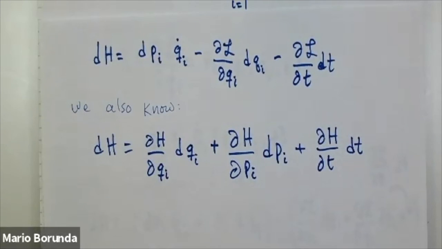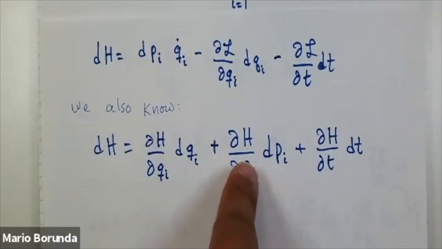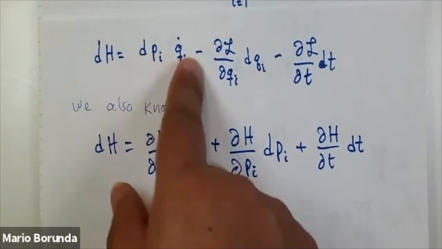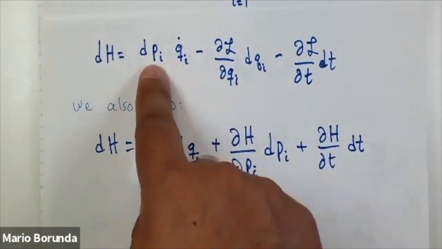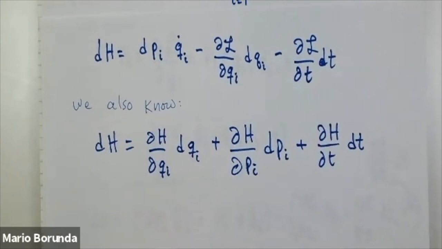And now we can equate terms. I'm just repeating the Legendre transform, step for step. And now I look at things here and I see that there are things that go together well, right? dt's with dt's, dpi's with dpi's, and I can equate things together.